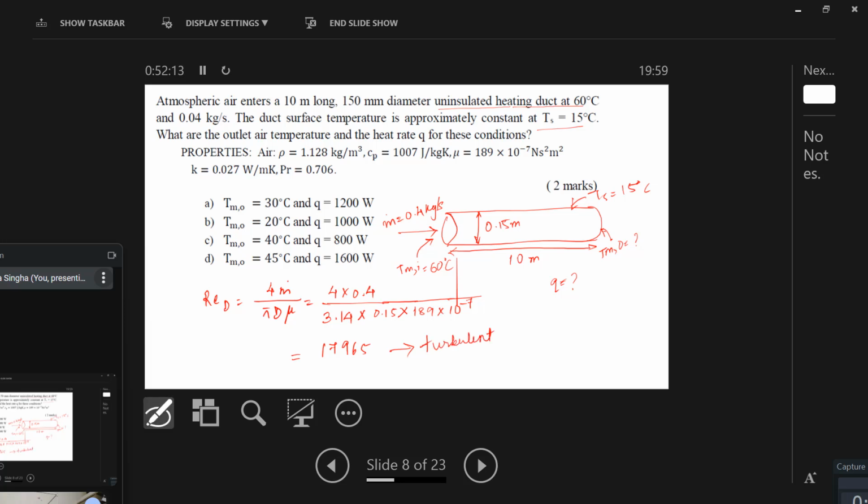If it is turbulent, we can use the Dittus-Boelter equation, and it is already given that it is an uninsulated heating duct. That means it is a case of heating.